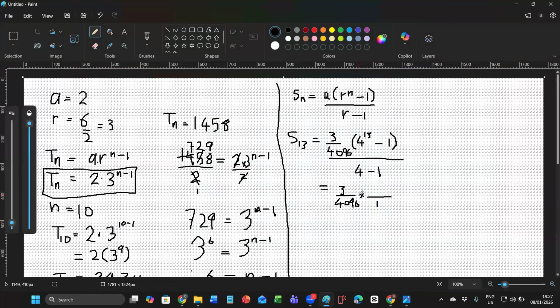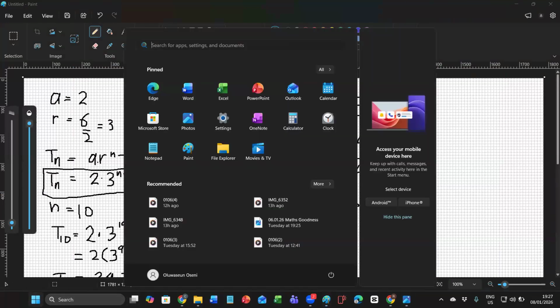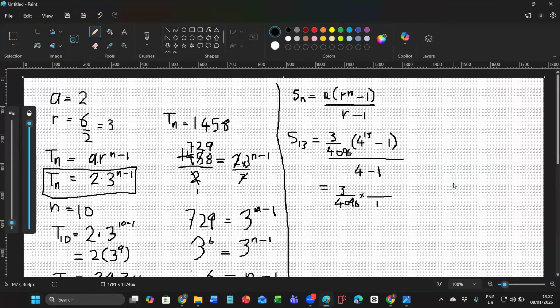So that number that you gave me now is just 4 raised to power 13, right? Is it? The number that you read out now. Oh yeah, I divided the whole solution by three. Oh, okay. That's how I got the answer. That's why it's giving that decimal point. Okay.